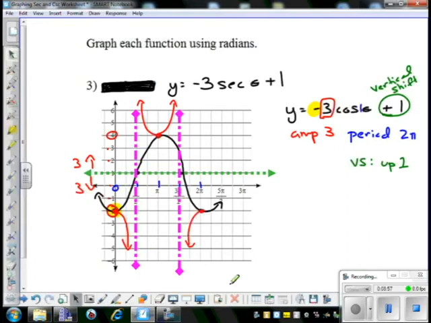Now, the black line that represents the cosine function is not a secant function. So we need to take our eraser and erase away that cosine function, which helped us graph the secant function. And we're left with the graph that looks like this.